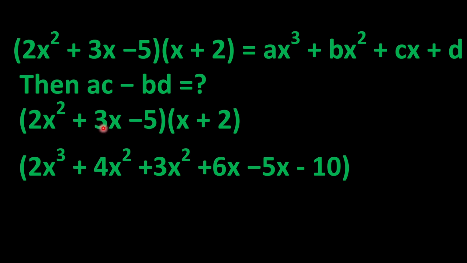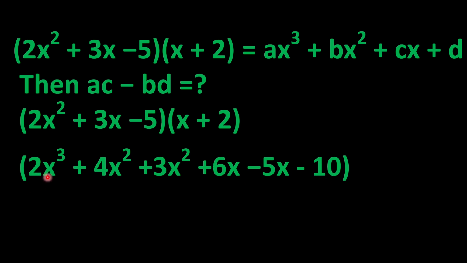Now we will multiply 3x with x, so it will become 3x², and now 3x with 2, so it will become 6x. And now −5 with x, so −5x, and −5 with +2, so equal to −10.